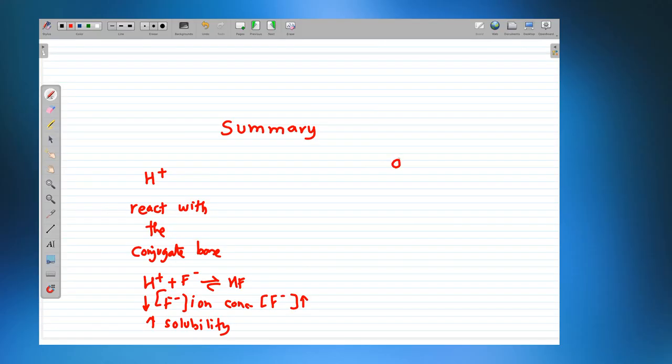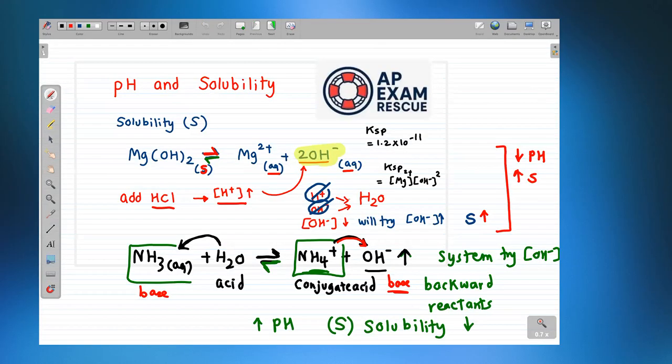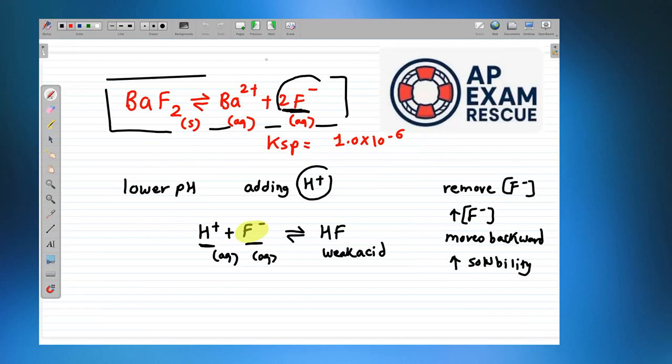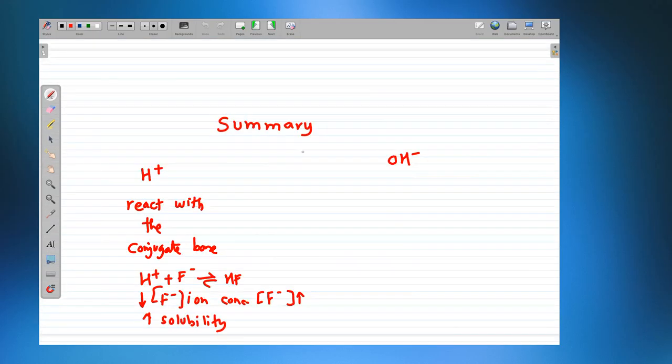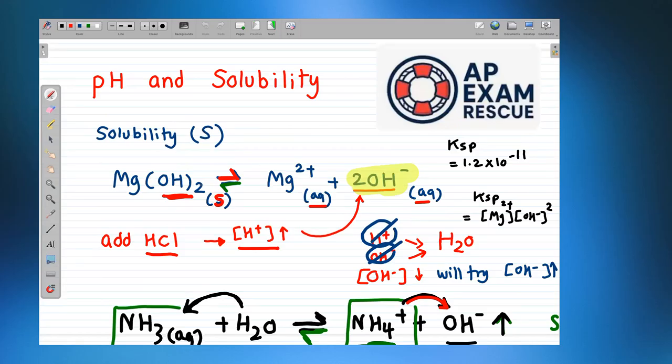If you have OH minus, its effect will come only if there is an OH in the solution. So the effect will happen if you are acting it with a weak base, like here. So in this case, OH minus will do what? If added only to the calcium hydroxide, OH minus reacts with what?